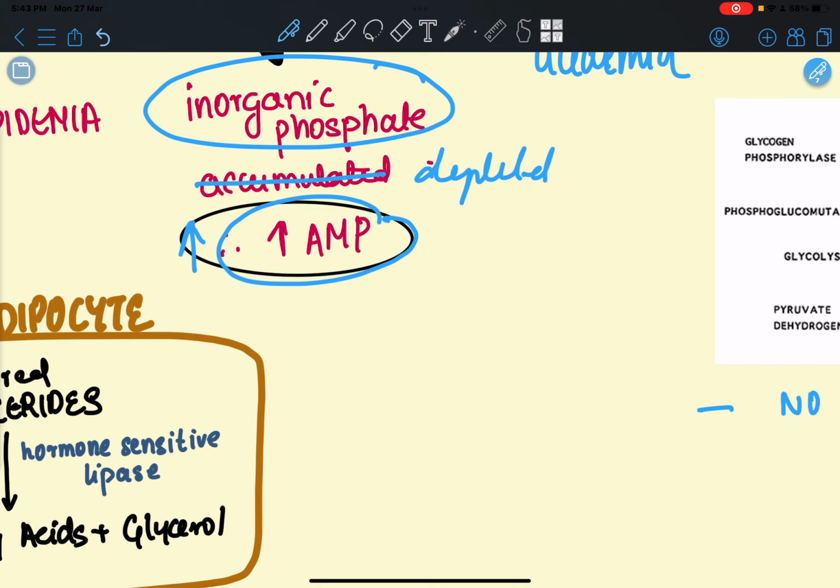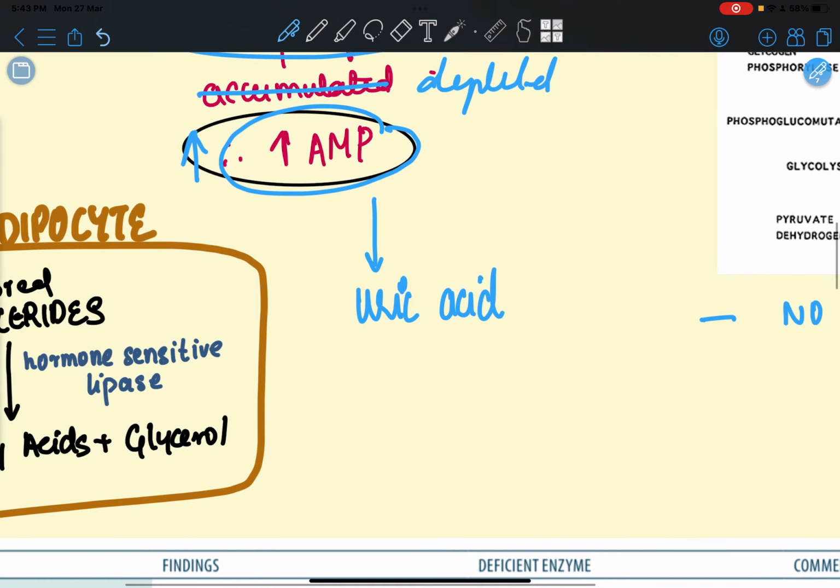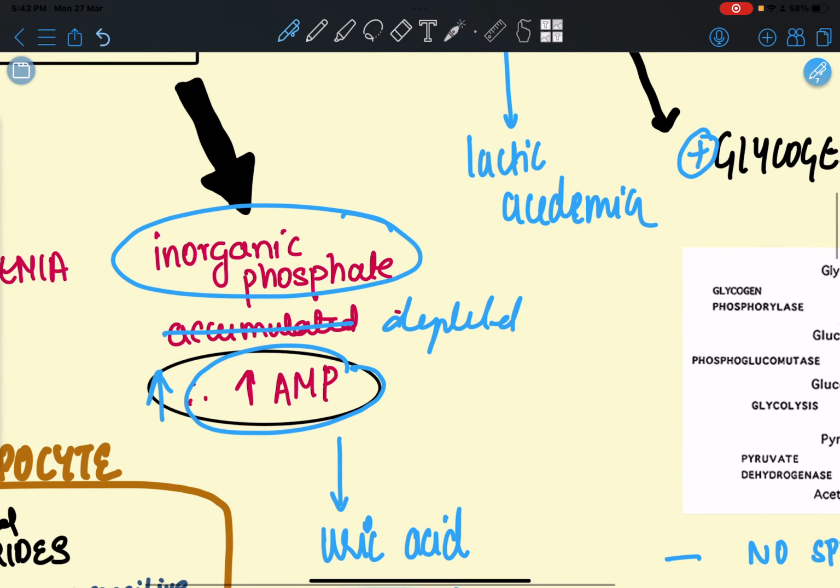So because of the excess nucleotide, there is excess degradation of AMP, which leads to the production of uric acid, which is the degradation product of nucleotides, or you could say purines. So this is causing increased production of uric acid. Also, there is lactic acidosis. There is more lactic acid. So lactic acid has to get excreted, so it competes with uric acid for its excretion.